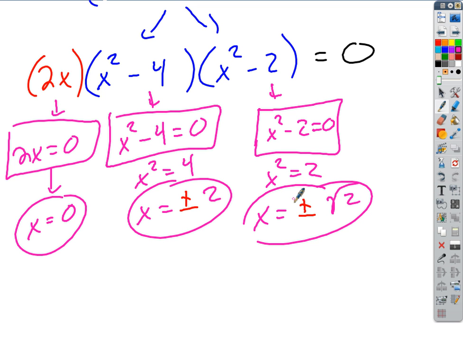So how many total solutions do I get? 5. 1, 2, 3, 4, 5. 0, plus 2, minus 2, plus root 2, minus root 2. Okay? Now I had the option here. Some of you may have seen that this really is a difference of squares. That's x squared minus 2 squared. I could have broken that apart into x plus 2 and x minus 2. But why would I do that when that's just as easy to solve, right?